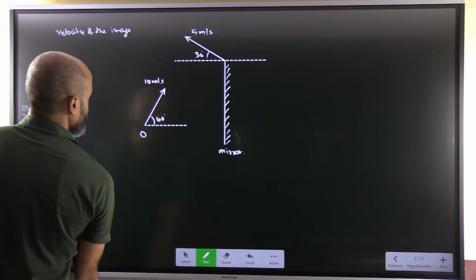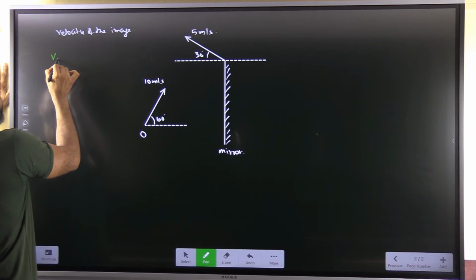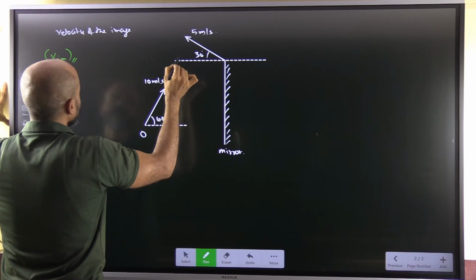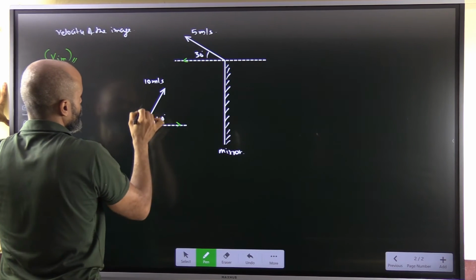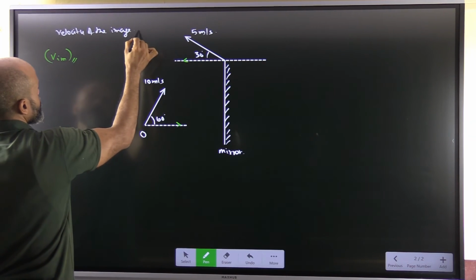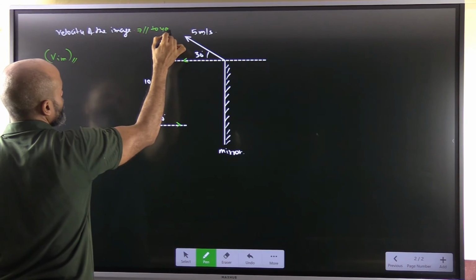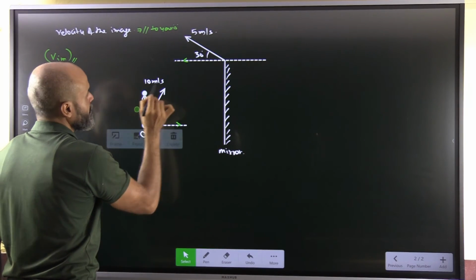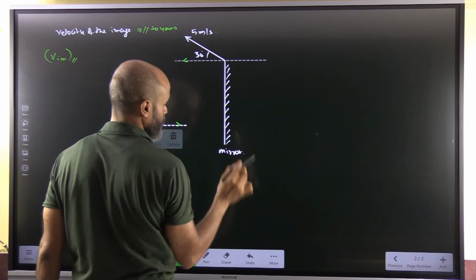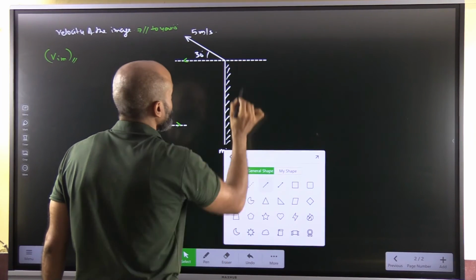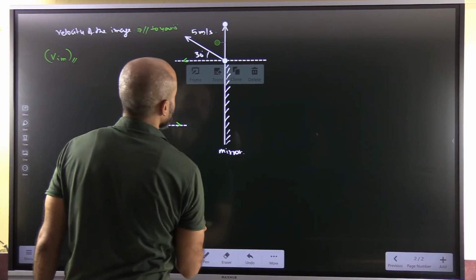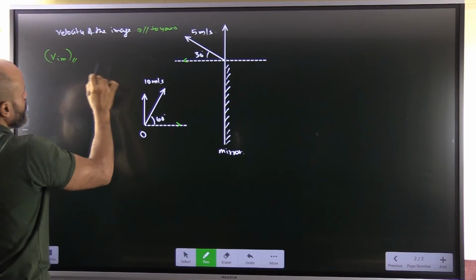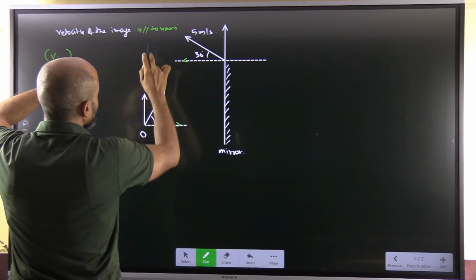Now the velocity of the image with respect to the mirror, if we take the parallel components, parallel to the y axis, this one and this one.